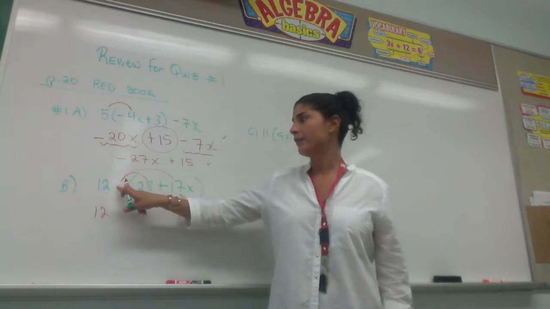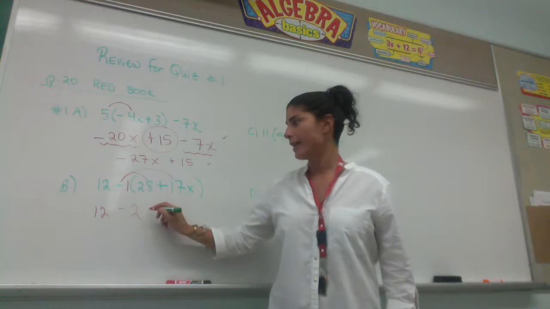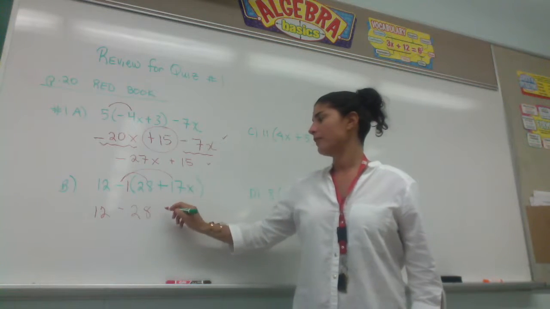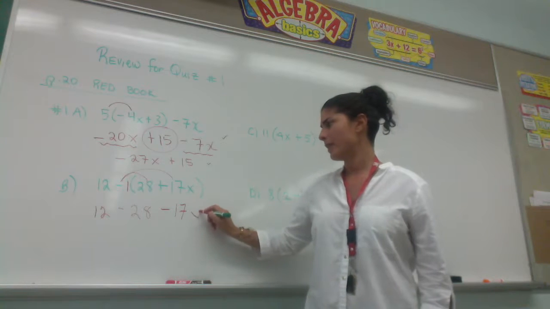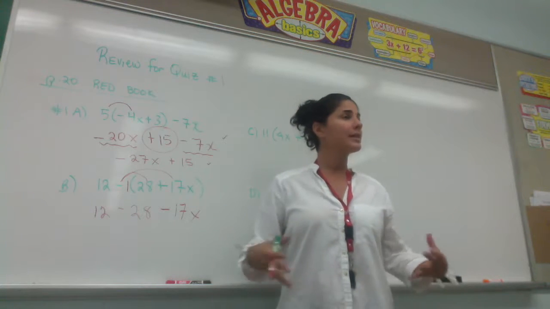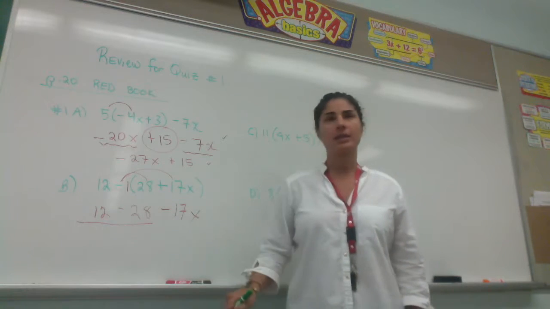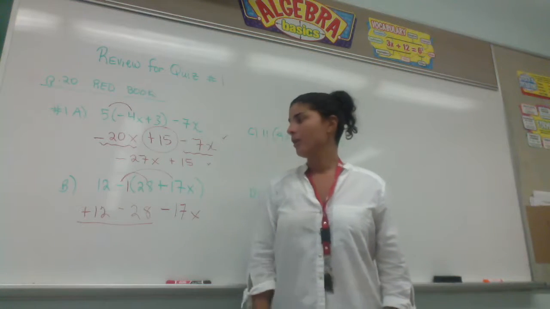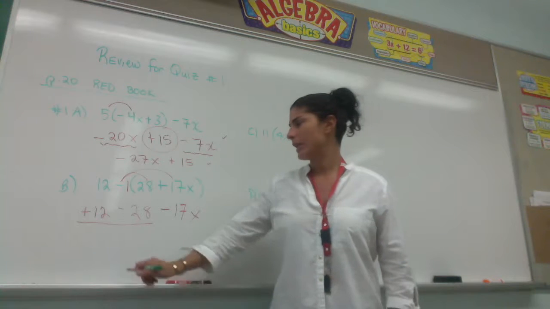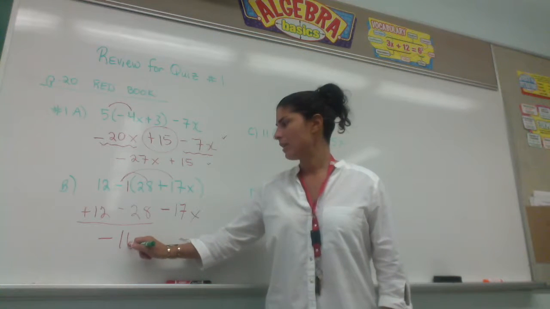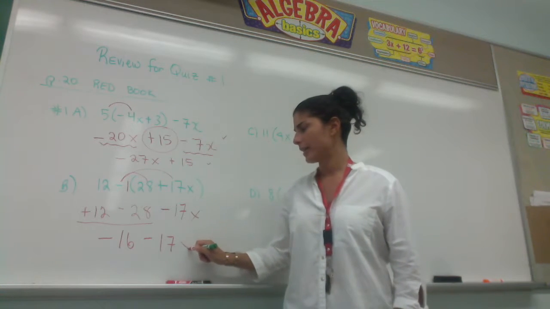You could just say negative times 4 is negative 28. And negative times a positive is a negative 17x. That might be a bit easier. What can I combine? I can combine the 2 constants. So I have a plus 12 minus 28 gives me a negative 16 minus 17 x's.